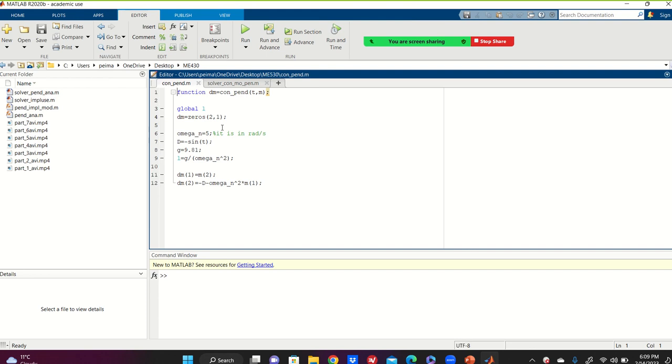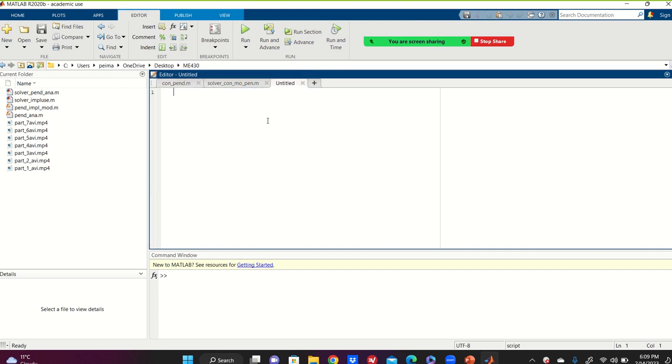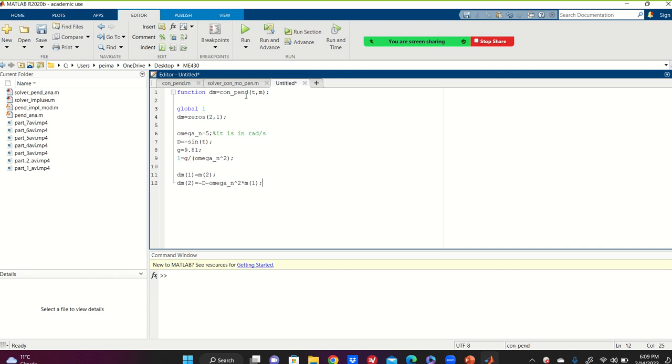Okay, so I'm going to define a new pendulum impulse. I'm going to have 4 state variables.